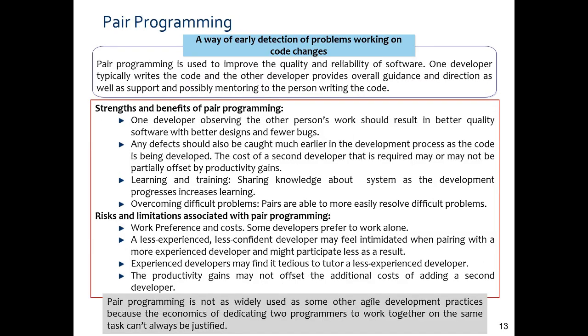Next is pair programming. Pair means two people, right? One is writing the code, another one is moderating the code. So what is the benefit in doing these things? One is writing the code, another one is moderating the code by observations.